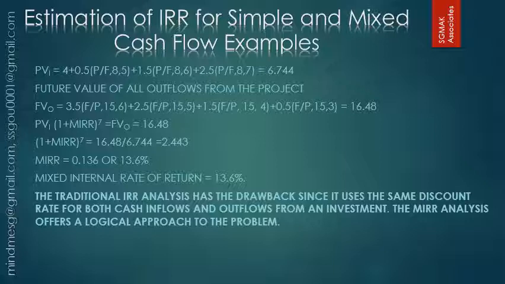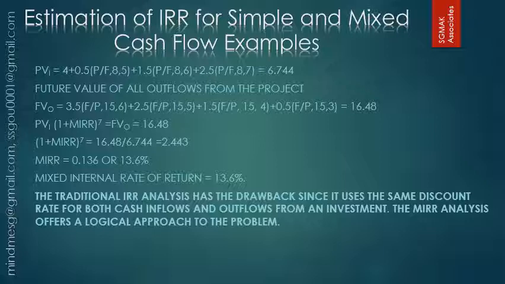So in this expression, present value multiplied by (1 plus MIRR), where MIRR stands for the mixed internal rate of return, raised to the power 7, because our planning period is 7 years. That single present value of $6.744 million converted to the future is what you should have at MIRR. That equals 16.48. If you equate that, we get a mixed internal rate of return of 13.6%.